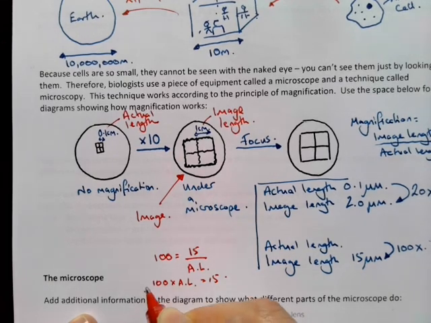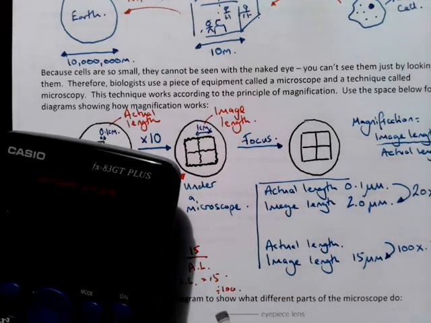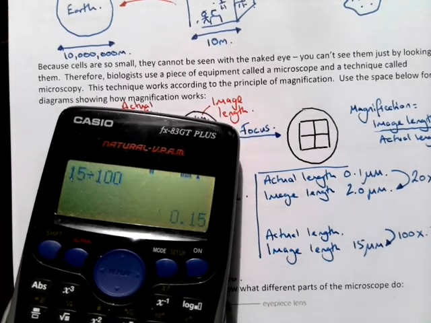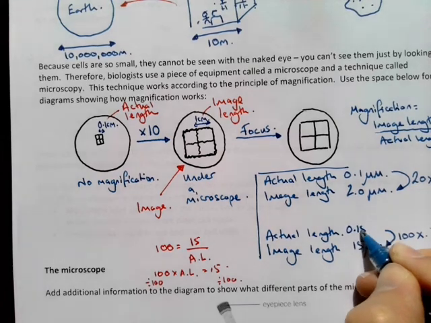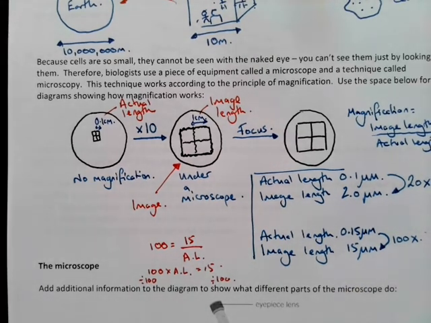Then I divide both sides by 100. I get my actual length is 15 divided by 100, which is 0.15 micrometers. Very good.